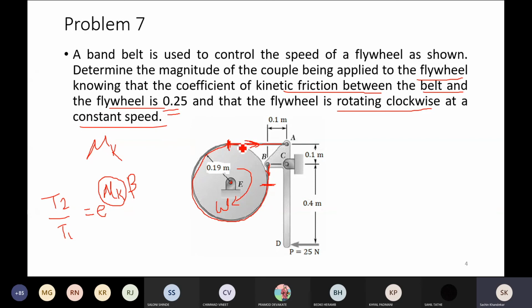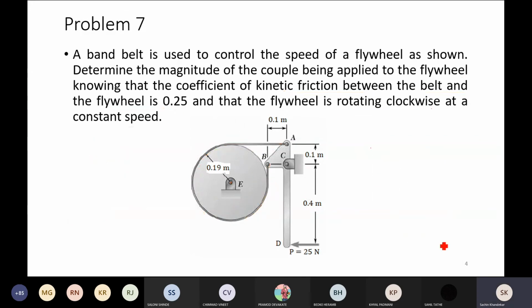So this flat belt is leaving the flywheel at two locations, location 1 and location 2. Now see here, let me erase this point. So this is your location 1 and this is your location 2.